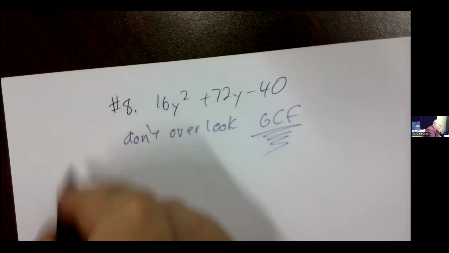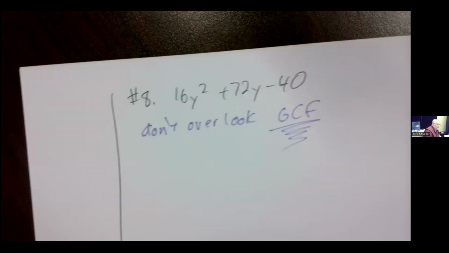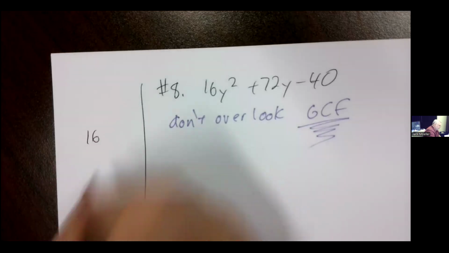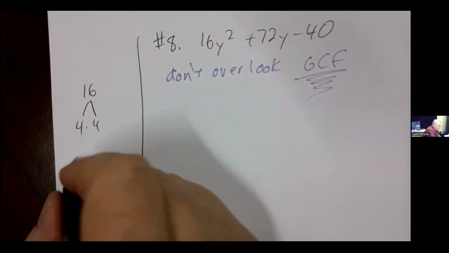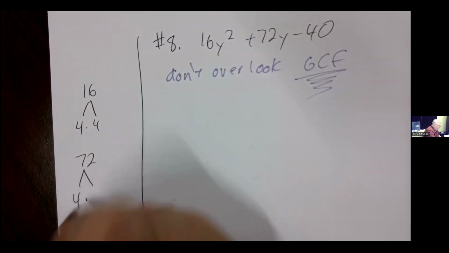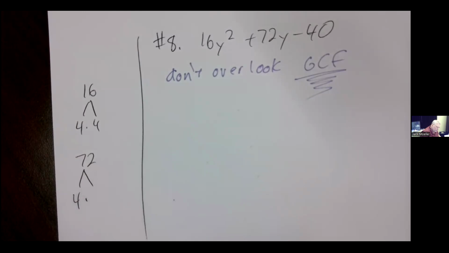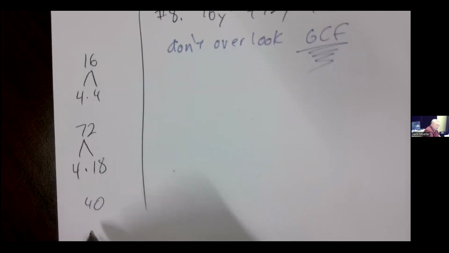Is 4 the biggest number? Remember this technique we talked about? If you think you have a GCF, do your factor tree with that number. So 16 is 4 times 4. 72 is 4 times 18. 40 is 4 times 10.